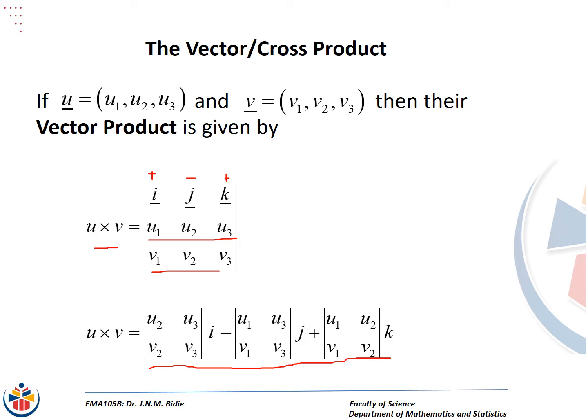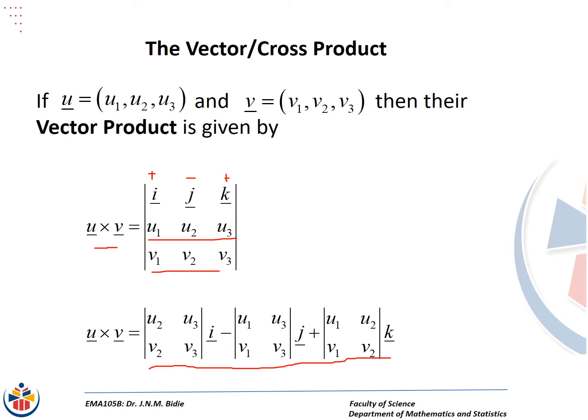Remember, it's minus 1 to the power i plus j multiplied by Mij, and we find Mij by deleting the ith row and the jth column, and then determining the determinant of the remaining entries. That's what we did here.